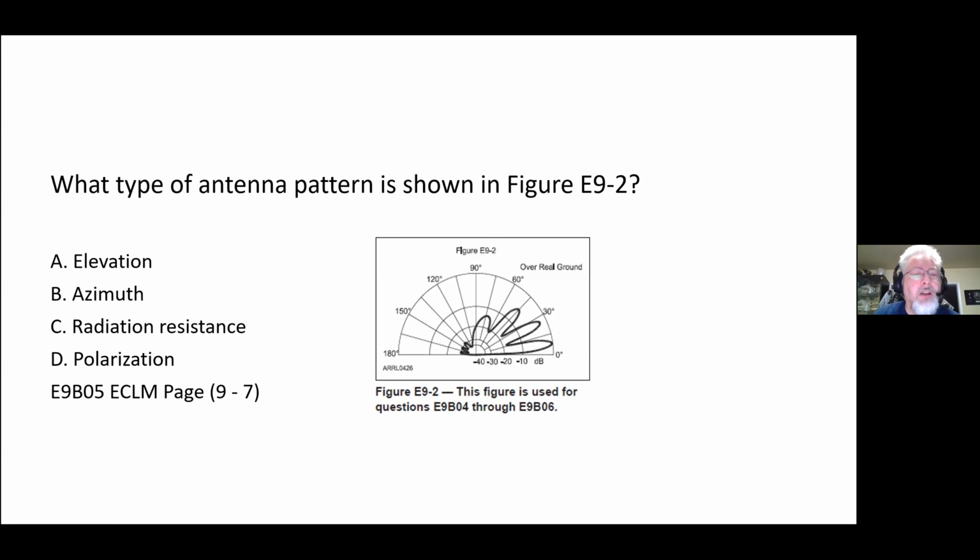What type of antenna pattern is shown in figure E9-2? A, elevation, B, azimuth, C, radiation resistance, or D, polarization? Alpha is correct. That is the elevation.